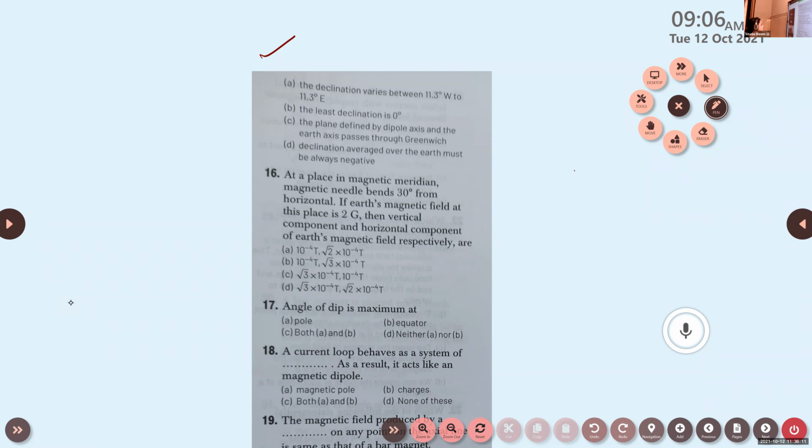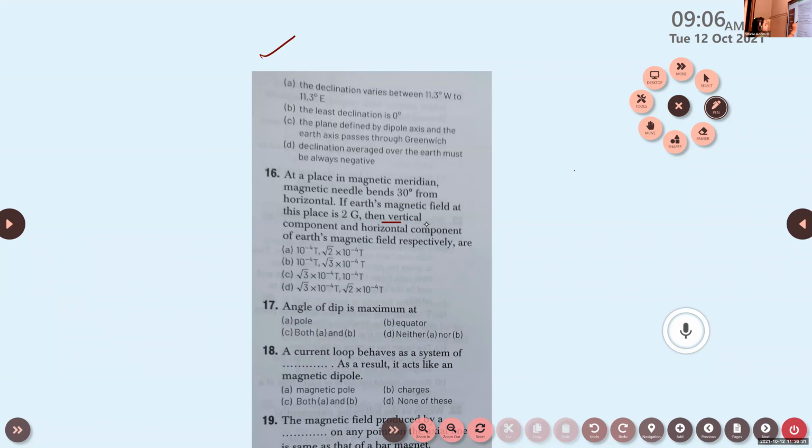Which equation can we use here in order to find out the horizontal component and vertical component of the earth's magnetic field? Yes, Emmanuel. Equation for calculating the vertical component.